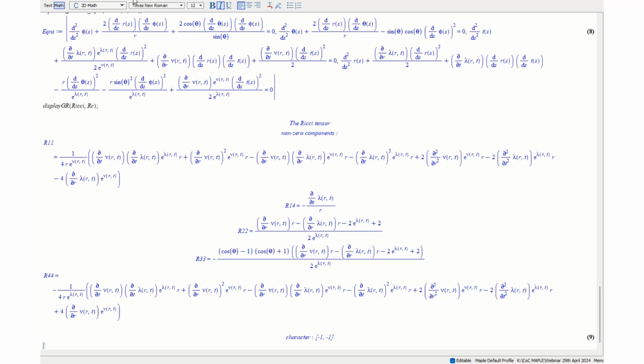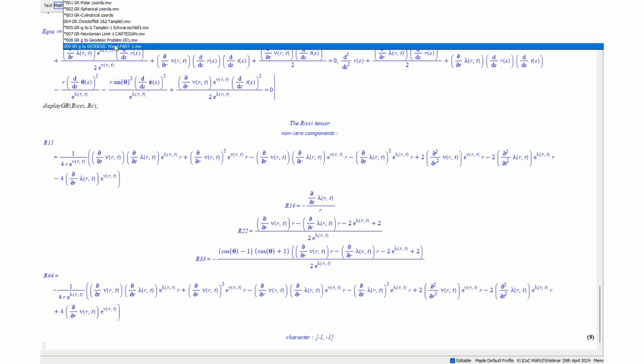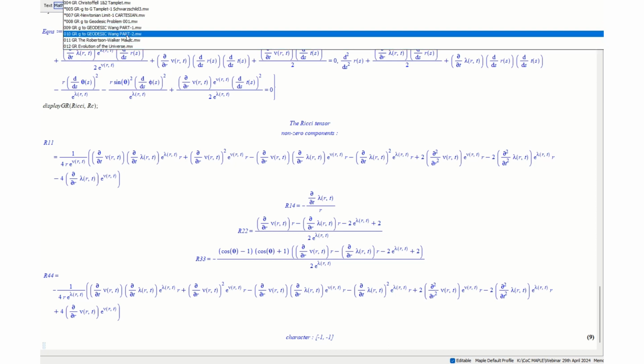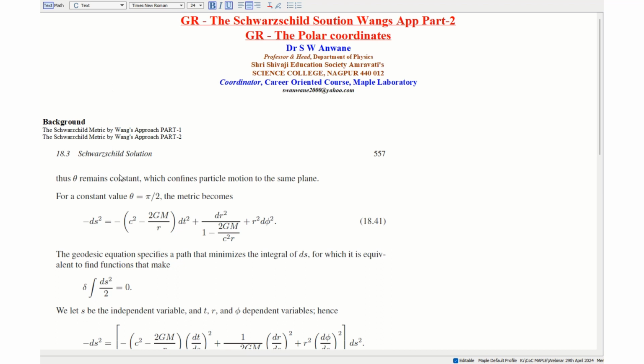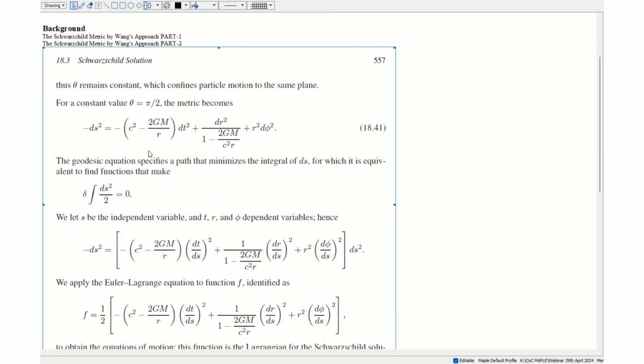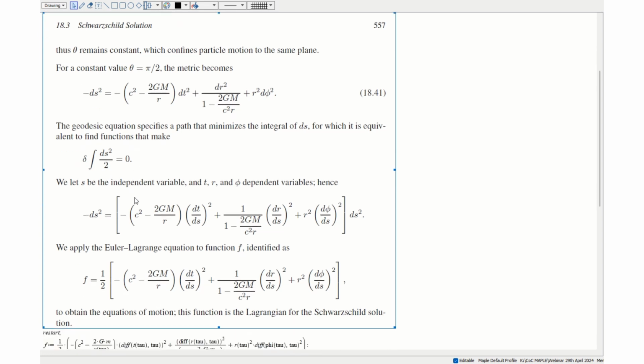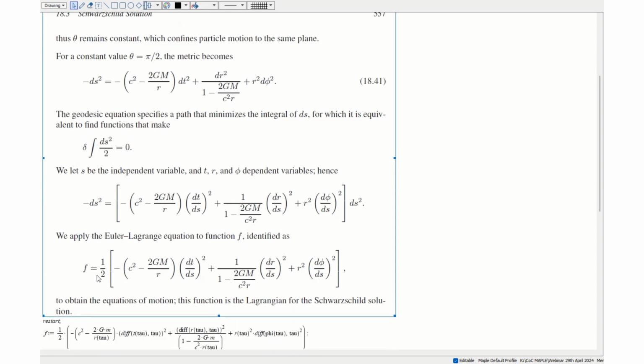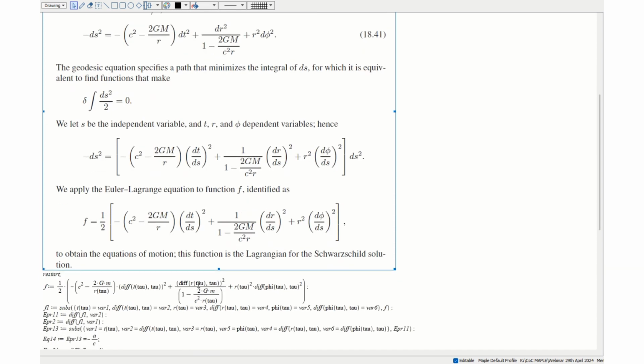So this is one part. The second part I want to show you is where we are doing a kind of animation, and this image is from Wang's book, where we are talking about the geodesic equation, where we are considering its variation, the D'Alembert principle, for this line element ds square by 2 equal to 0, and this leads to the Euler-Lagrange function f, and this function I am using here.